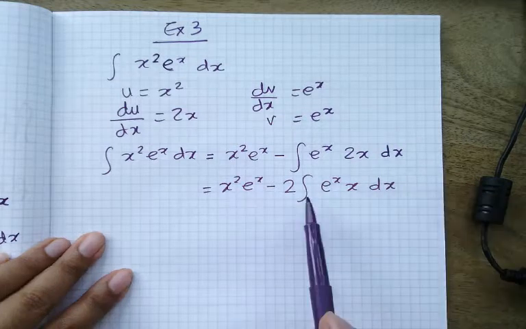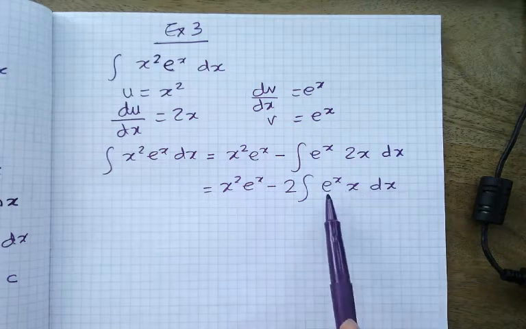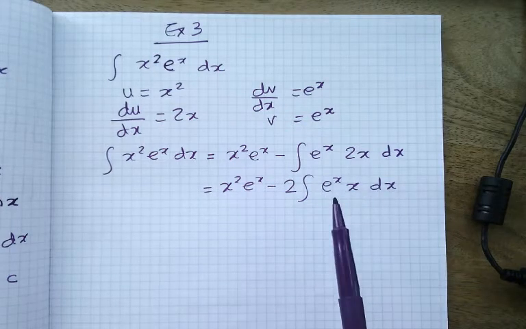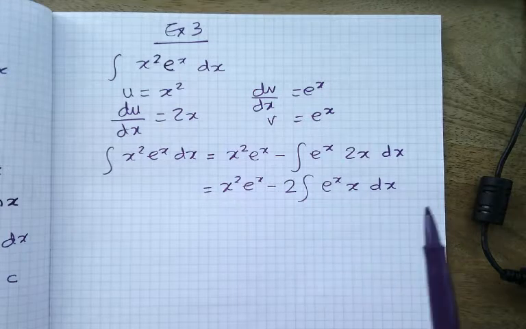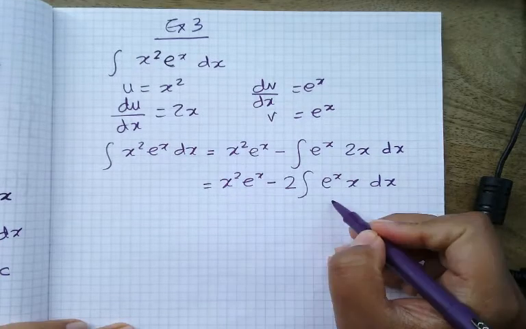Okay, so now I've got to integrate e^x times x. All right, so again, what I'm gonna have to do is now apply the integration by parts formula again. Okay, but just to this bit. So what I'll do is I'll do that separately.